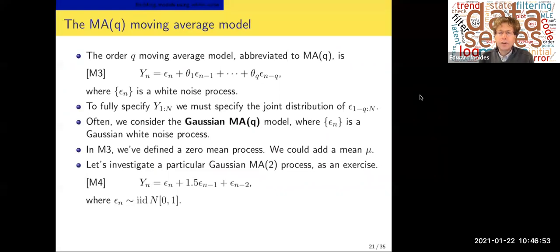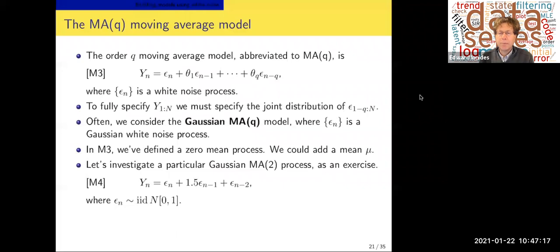And then to simulate or work out a likelihood, something concrete, we need the distribution of these things. Oftentimes we'll have a Gaussian MAQ model where epsilon n is Gaussian white noise. In this model, we've really defined a mean zero moving average model.